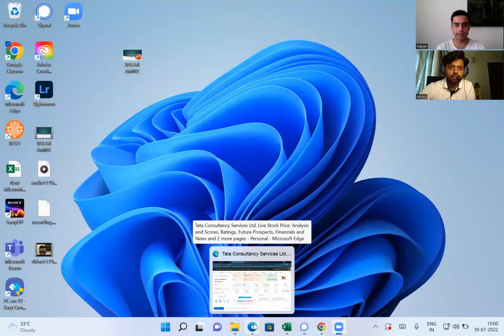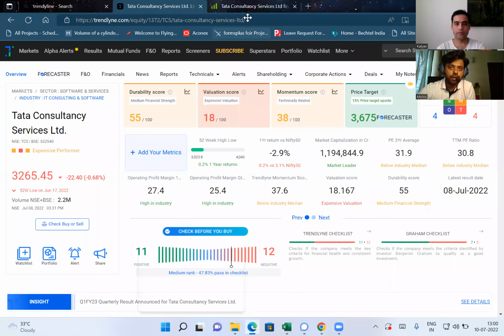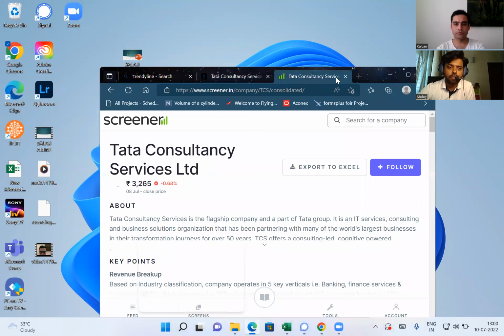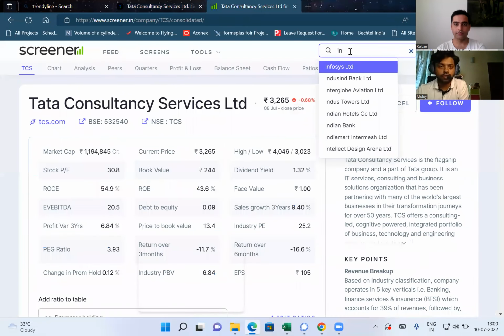Yeah, perfect. Okay, good. So for example, we can look into the screener, for instance Infosys. Screener.in is a site where you will get all the financial data of the company.